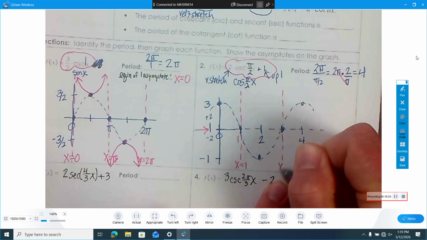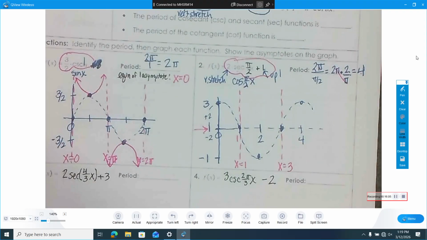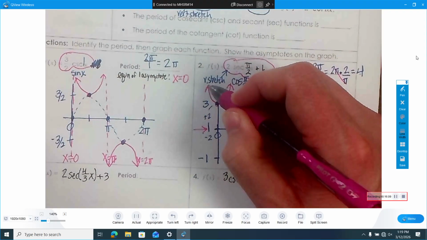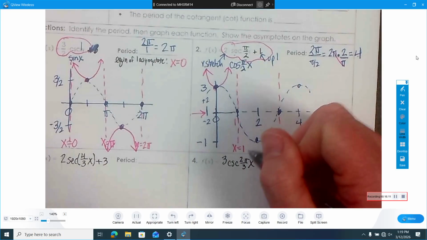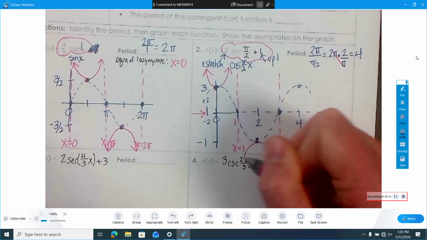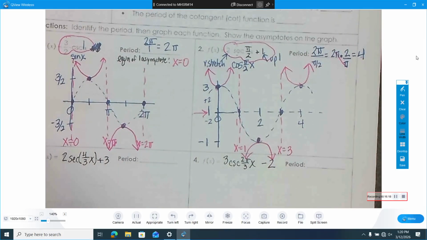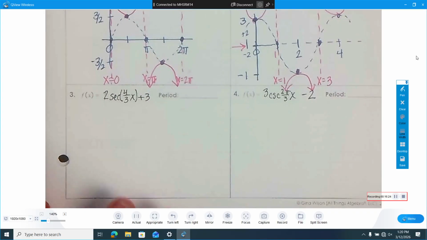So you draw in your asymptotes. And then we have, at the maximum, an upward-facing parabola shape. And at the minimum, we get a downward parabola. Okay. Good so far? Yeah.